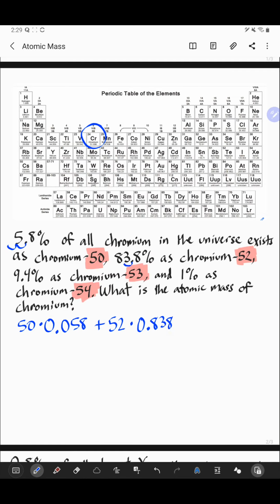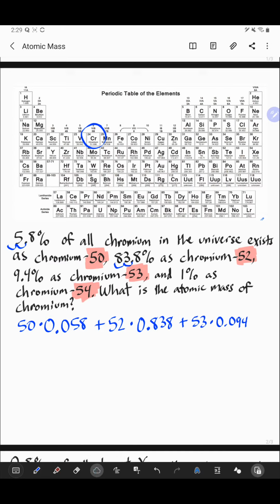Remember, we moved the decimal over 2 spots, or divide by 100, whatever makes most sense to you. And then plus the next value. We've got 53 times 0.094.